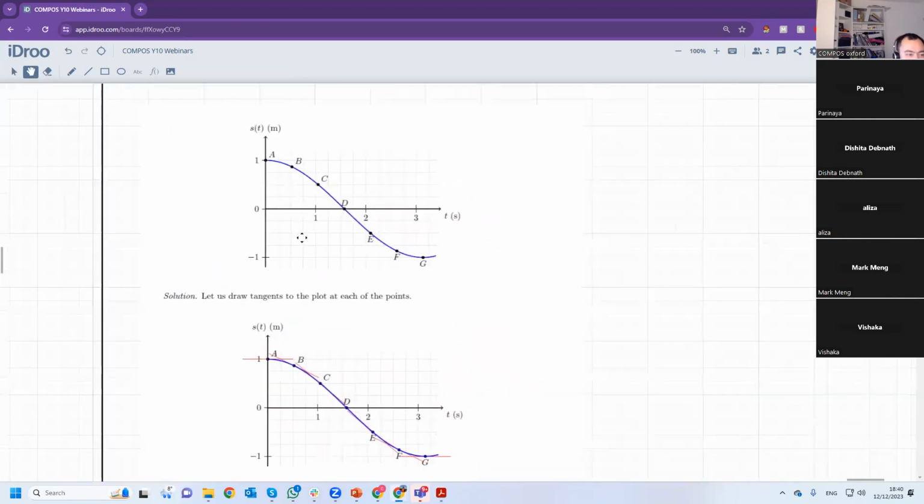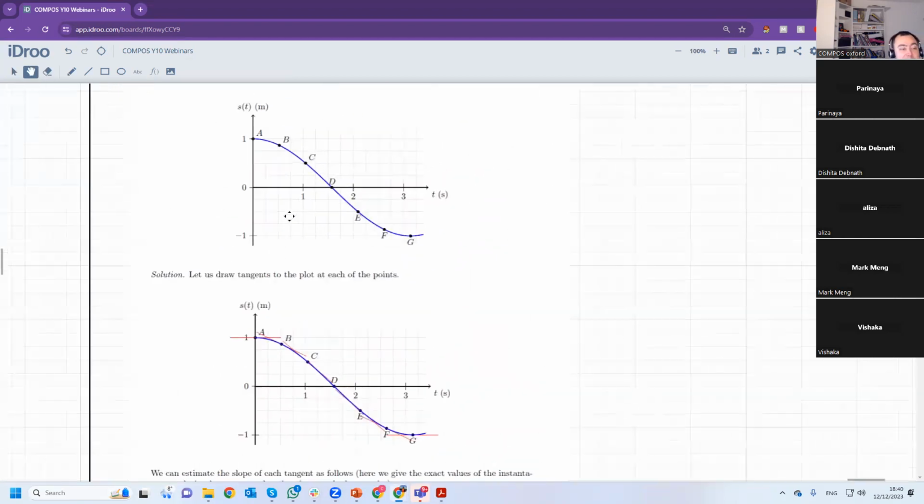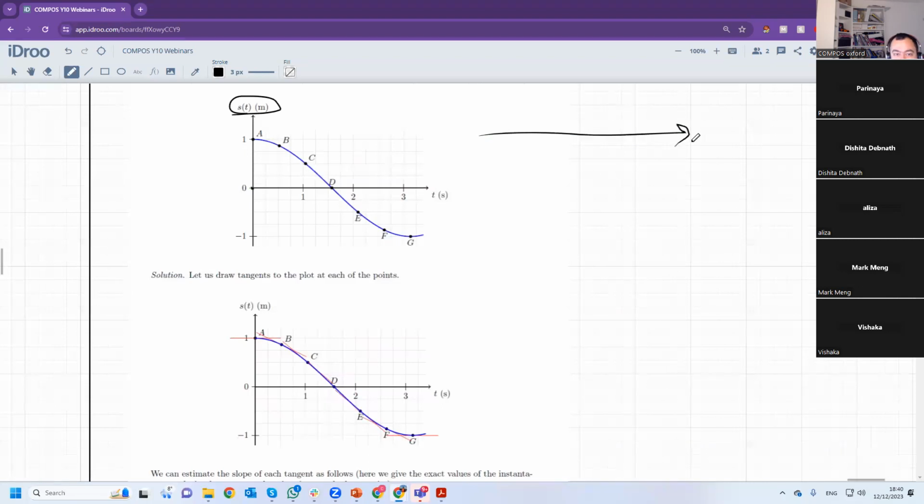Okay, so this is a displacement time graph. This is s against t, displacement against time. When time is 0, the object is at point 1. So you can draw this. This is x, this is 0, this is 1.